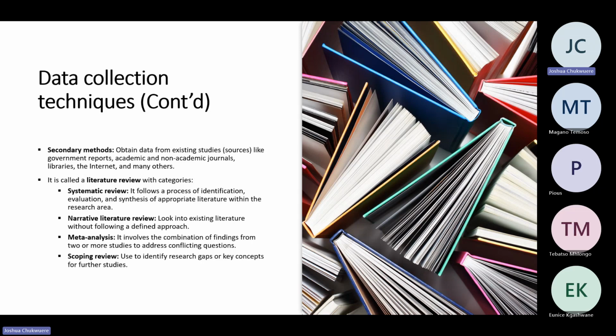The systematic review follows a defined process, a defined approach in conducting a literature review study, which enables you to identify, evaluate, and synthesize appropriate research literature within that study area. It will enable you to know how to select, what to select, and the criteria you're looking at.